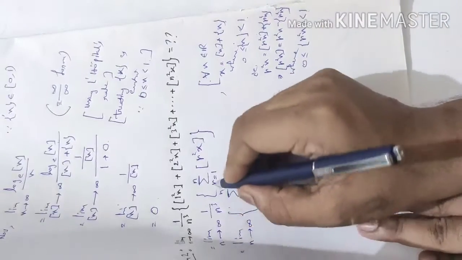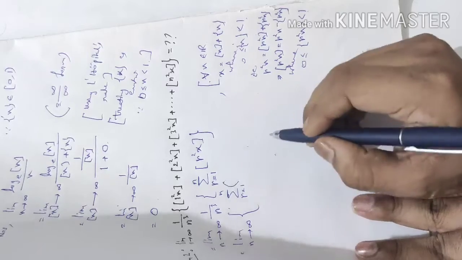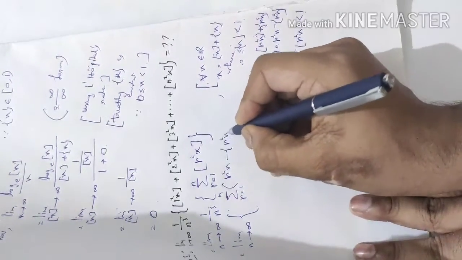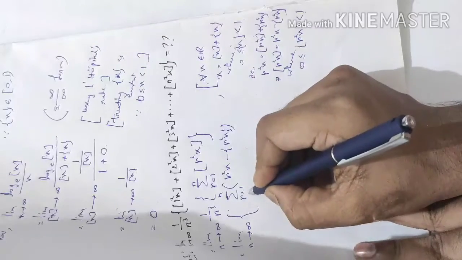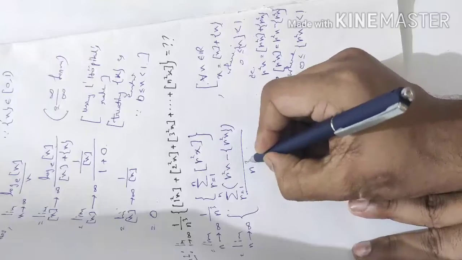So this can be expressed as r square x minus the fractional part of r square x by n cube.